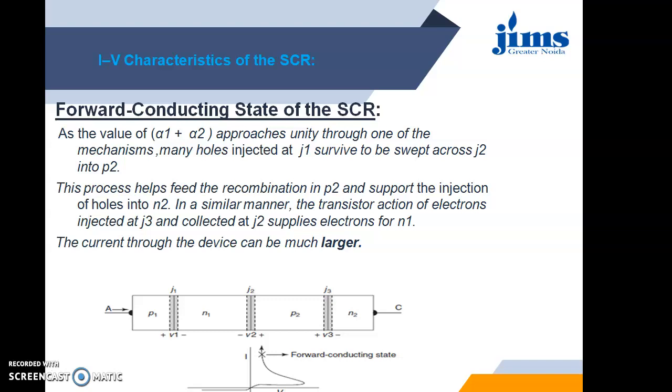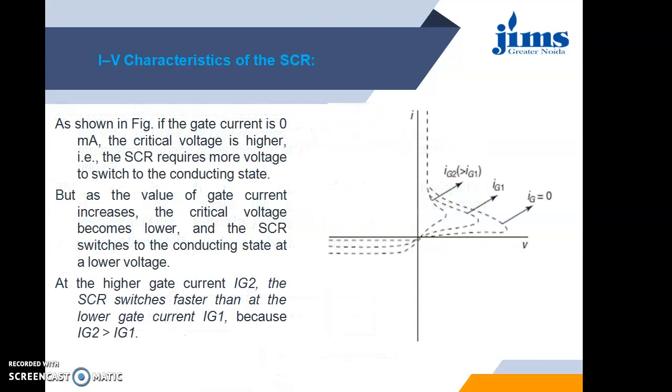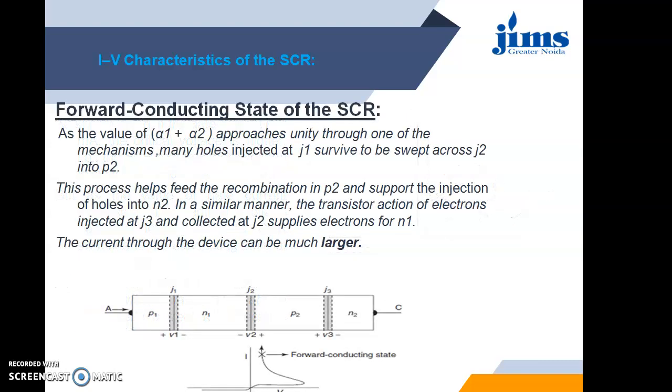The previous one was forward blocking state, this is forward conducting state, and in this state only the current flows through the device. This is showing the VI characteristic performance of the device. And in reverse bias, if we apply reverse voltages, the device does not conduct. So in reverse bias, we do not get any conduction through this device.